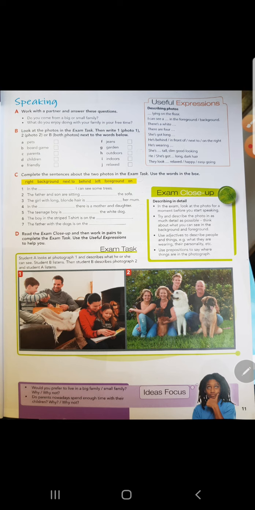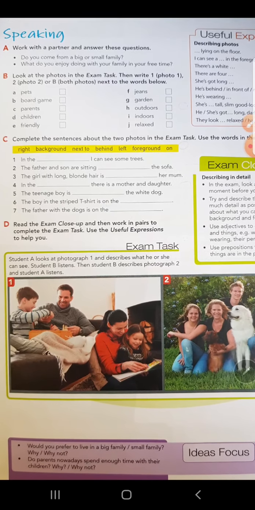Here, exercise B and C. Look at the photos in the exam task. This is the exam task and these are the photos. Then write number 1, which means photo number 1, number 2, photo number 2, or B, both photos, next to the word below. A, pets.